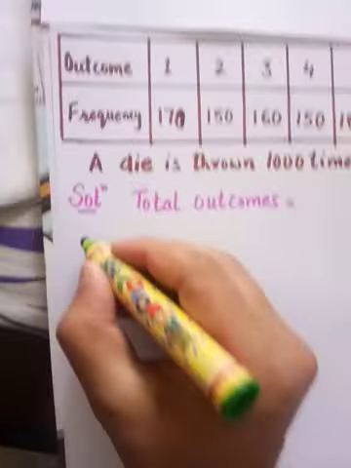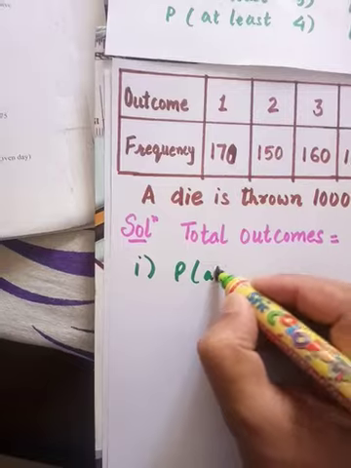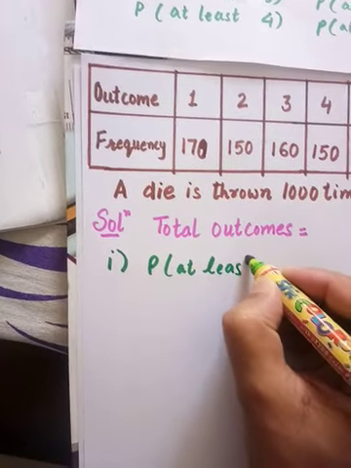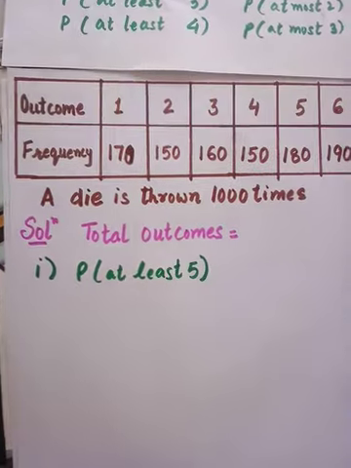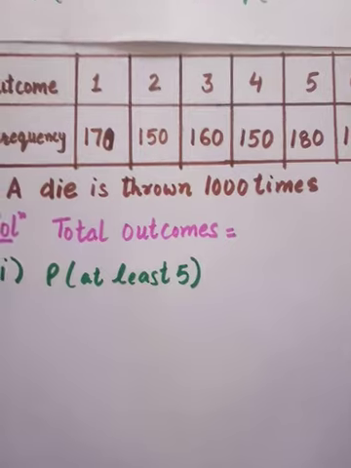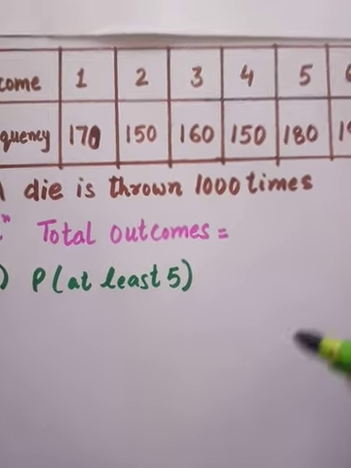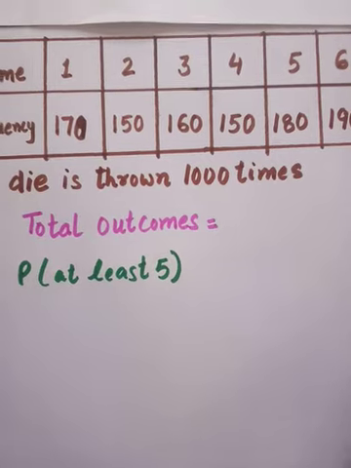So the first part I am doing for you, probability of at least 5. What does at least 5 mean? At least 5 means minimum 5 you must get. Maximum you can get anything, but minimum 5 should definitely come.